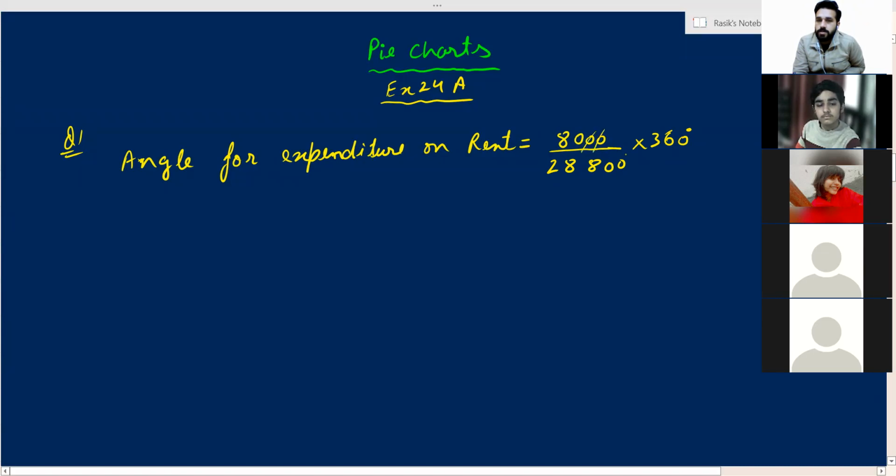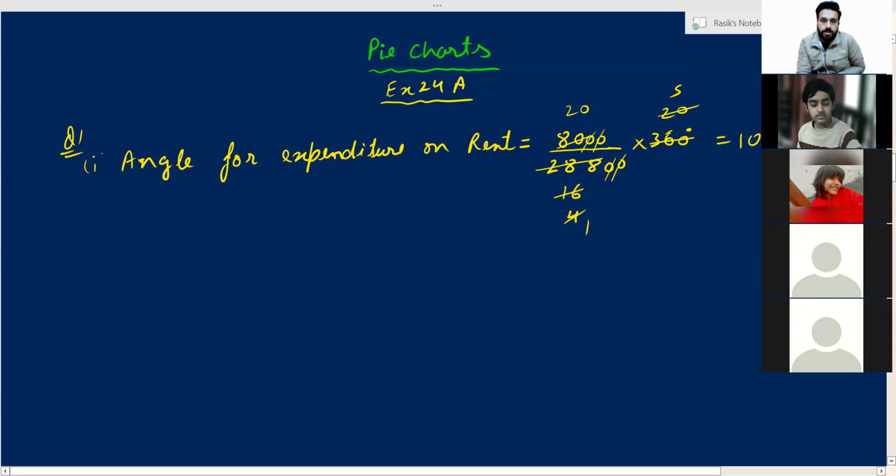So what is this? 288 divided by 18: yes, let's divide by 18. 288 divided by 18 is 16, so 20 divided by 4 is 5, 20 into 5. What is the angle? 100 degrees. Got it, all of you?